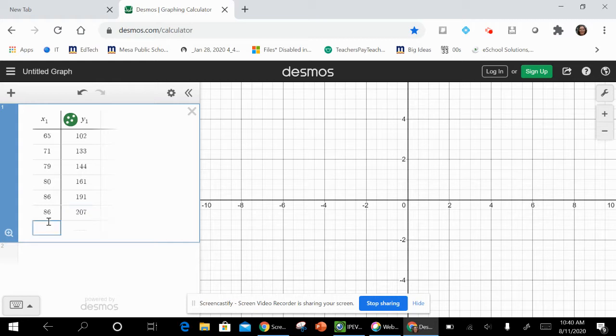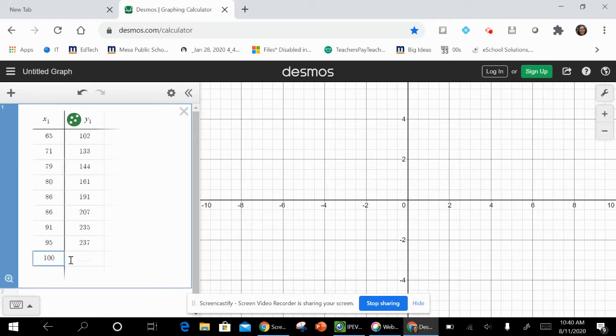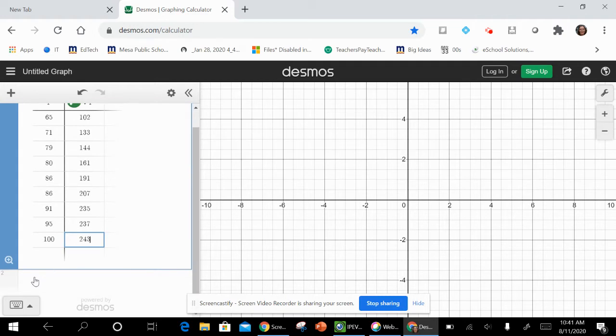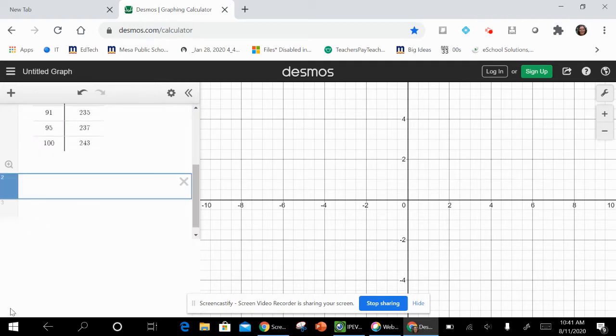When it was 91, she sold 235. When it was 95 degrees outside, sold 237. When it was 100 degrees, she sold 234.